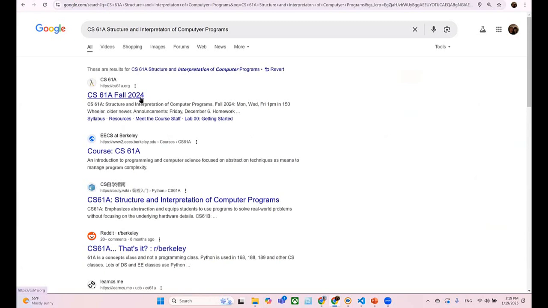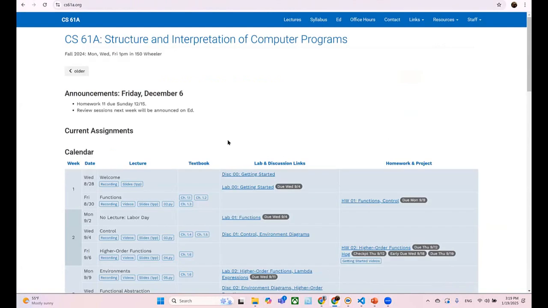So let's look at this 2024 version of the Structure and Interpretation of Programs. So this is the schedule.